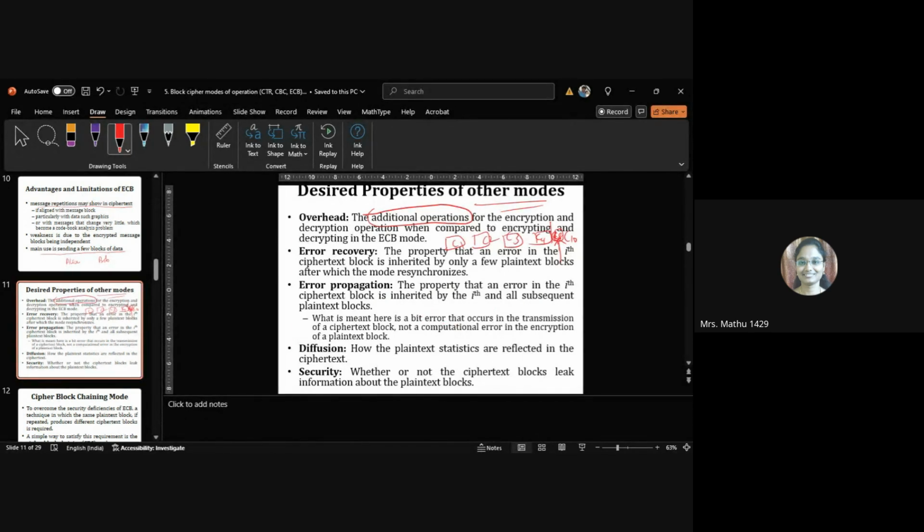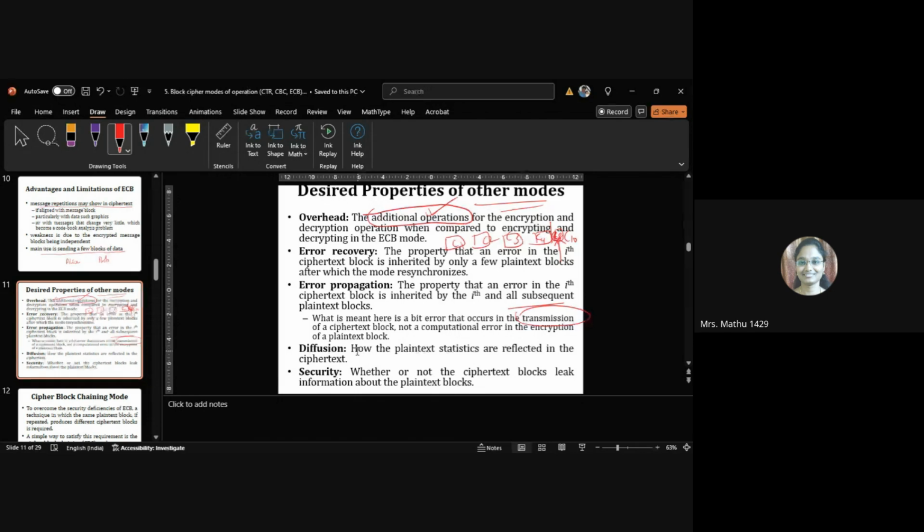If there is some error that happens, not a computational error but a transmission error, then as you transmit one ciphertext block to the next process of operation, it should affect only the subsequent blocks and not the previous ones. So this has to be taken care of.